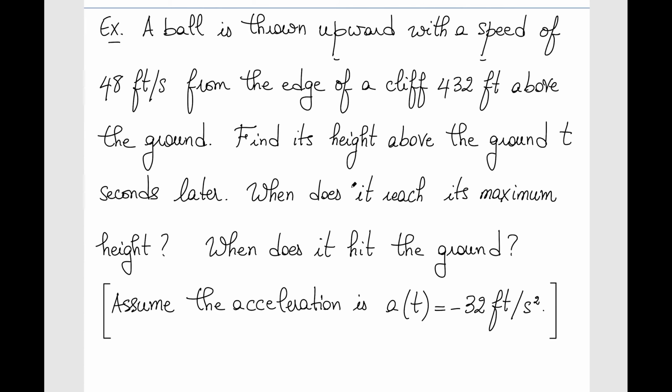Remember, when it reaches the maximum, the derivative function vanishes. The height function has a horizontal tangent at this point. In this case, the velocity is the derivative of the height function, so this is when the velocity function vanishes.